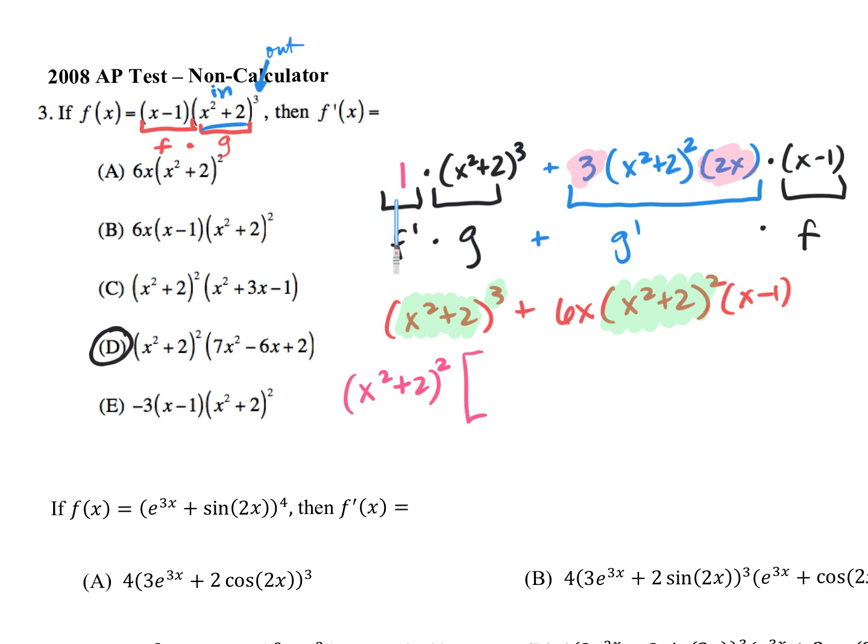You did the calculus and you stayed with me. I appreciate it. This is just straight up algebra. So let's see how we do. (x squared plus 2) to the second times what gets me (x squared plus 2) to the third? (x squared plus 2). When I factor this out from the right side, what's left? 6x, isn't it?